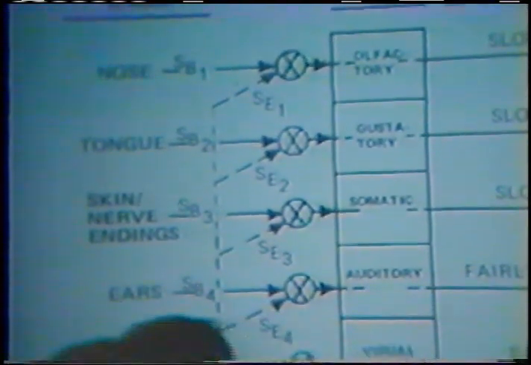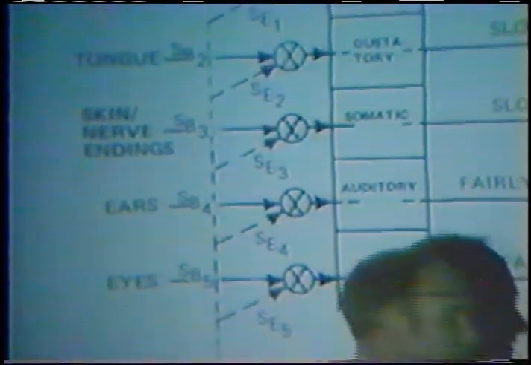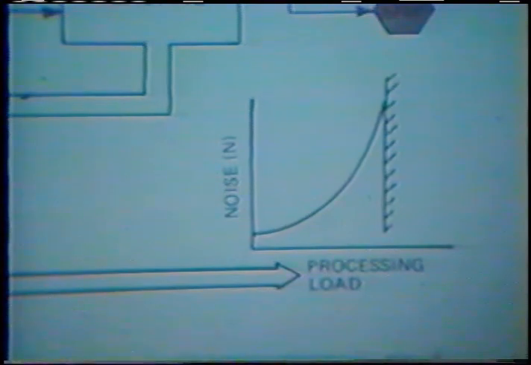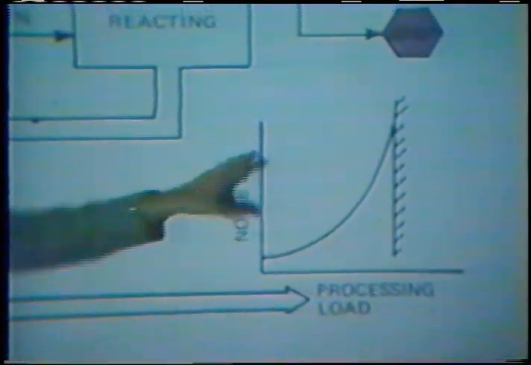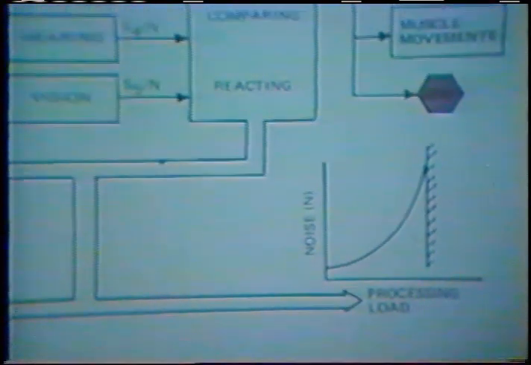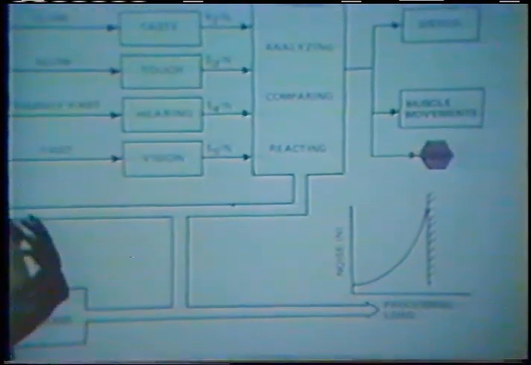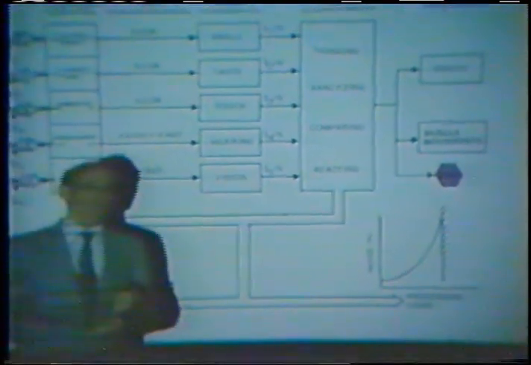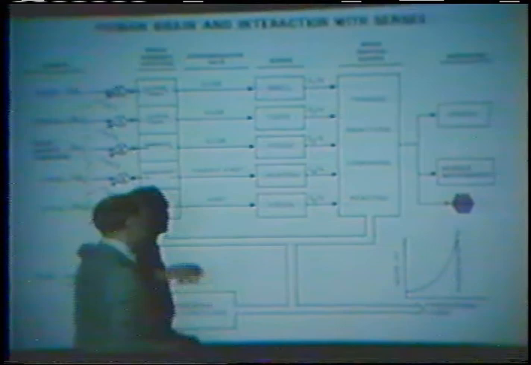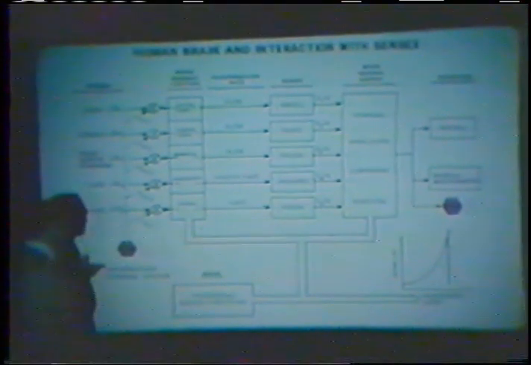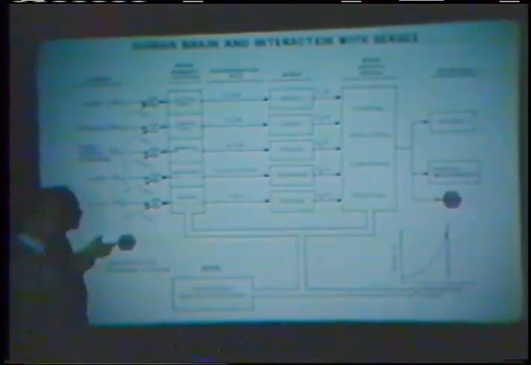And I've tried to show all these little channels essentially sum up to a total processing load, and as that processing load goes up, the background noise level goes up. And so just as with any normal engineering type sensor, we can think of the signal to noise ratio and essentially manage that when we're trying to maximize the remote signal.